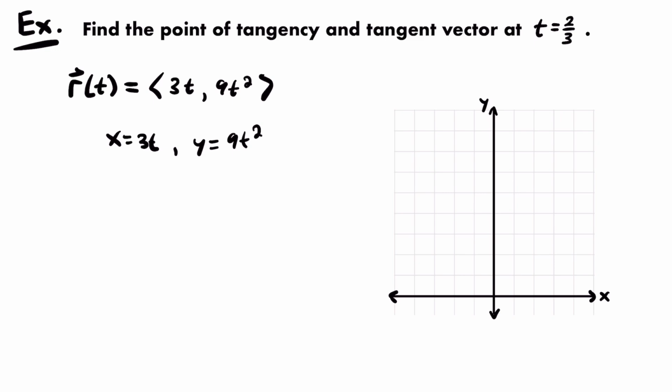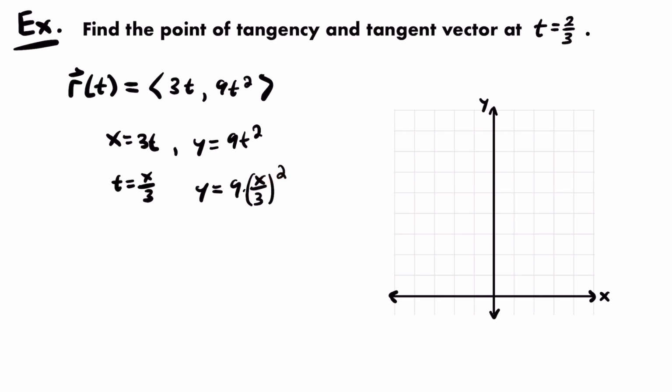The easiest way is to solve for t in one of these two equations and then plug it into the other. It will be easier to solve for t in this equation. We just divide both sides by 3, so t equals x divided by 3. Plugging that into this equation gives y equals 9 times (x divided by 3) squared.